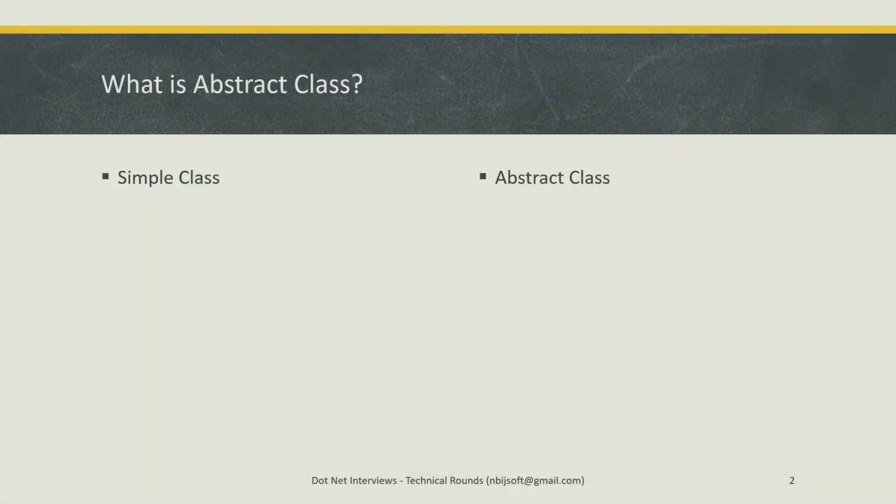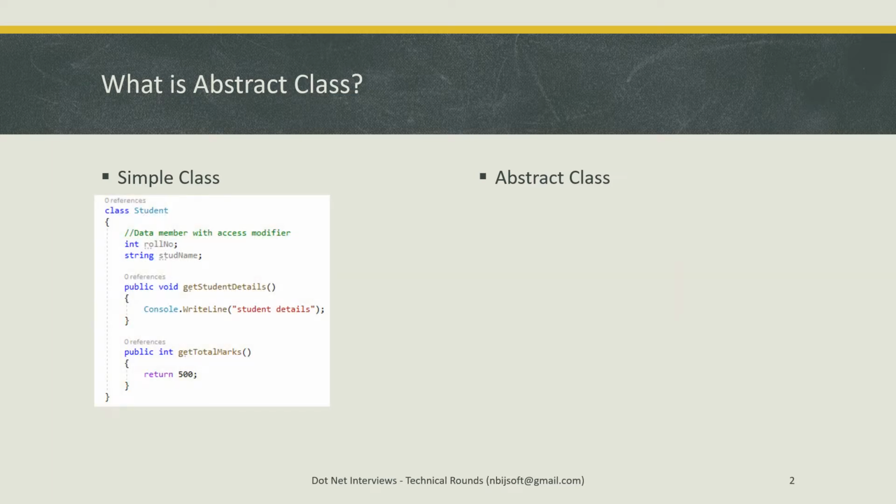So the question is, what is an abstract class? Before moving on, let's differentiate between a simple class and an abstract class. I took the example of a student class. A student class is a plain class where we have some data members as well as some member functions.